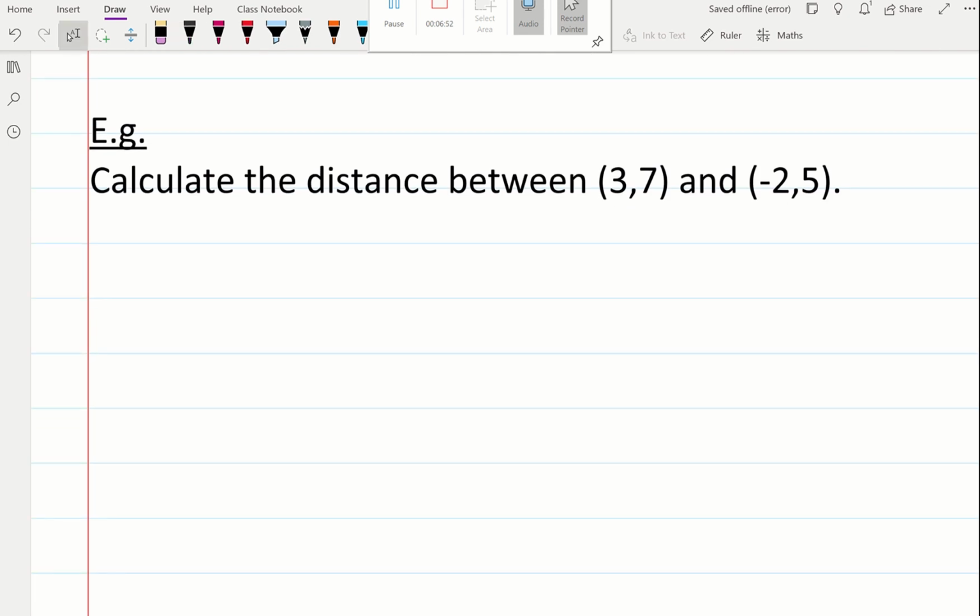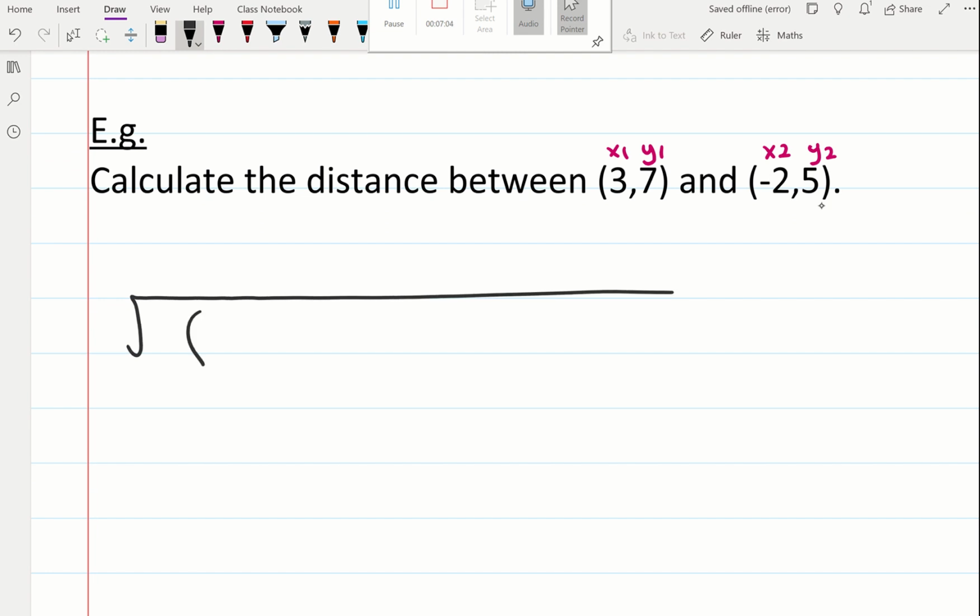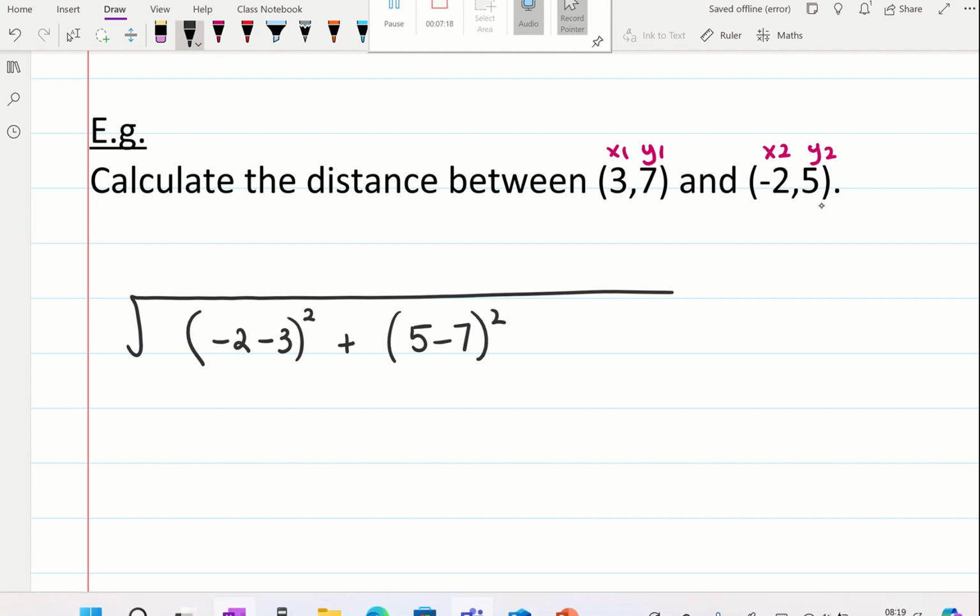Calculate the distance between these two coordinates, x1, y1, x2, y2. So the distance is going to be the square root, and it is negative 2 minus 3, x2 minus x1 squared, plus 5 minus 7 squared.